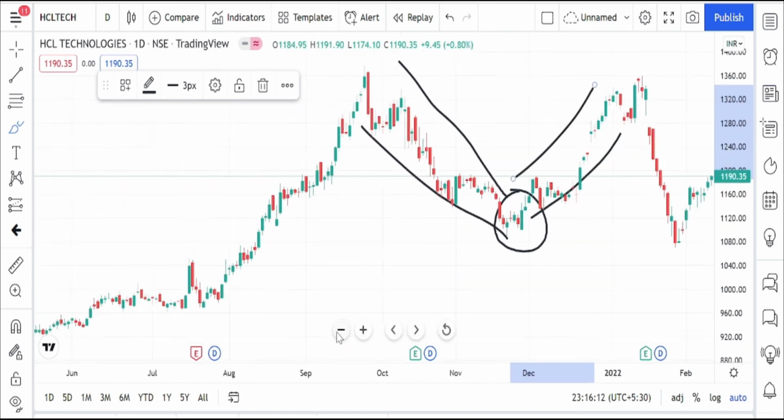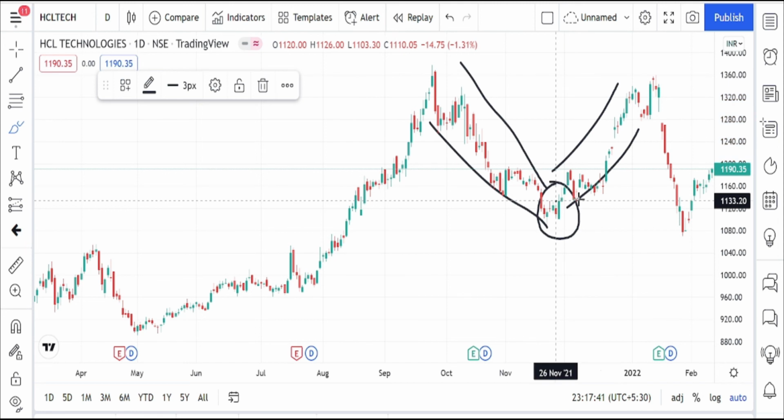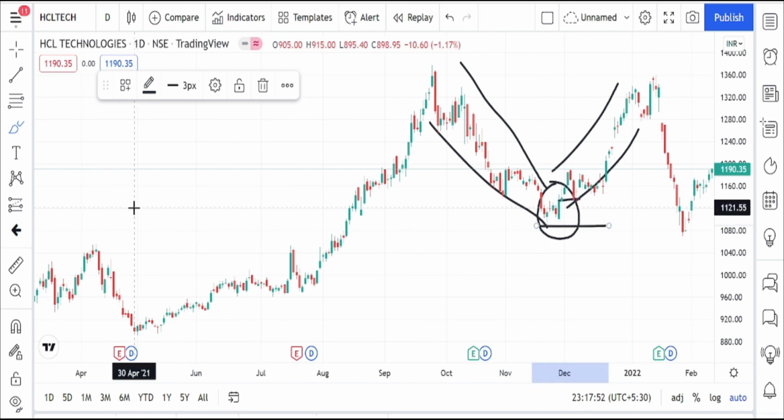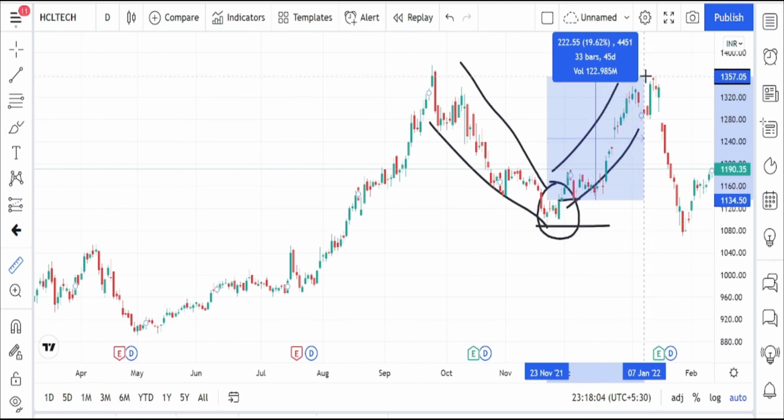Okay, so if you see here, this is a bullish engulfing pattern, correct? So if I had taken a trade here, I'd take my position at the closing price of this bullish candle, keeping my SL somewhere at this level. Okay, so if we calculate, my SL is somewhere around 4% of this stock approximately, and the target which I can achieve is almost 20%.